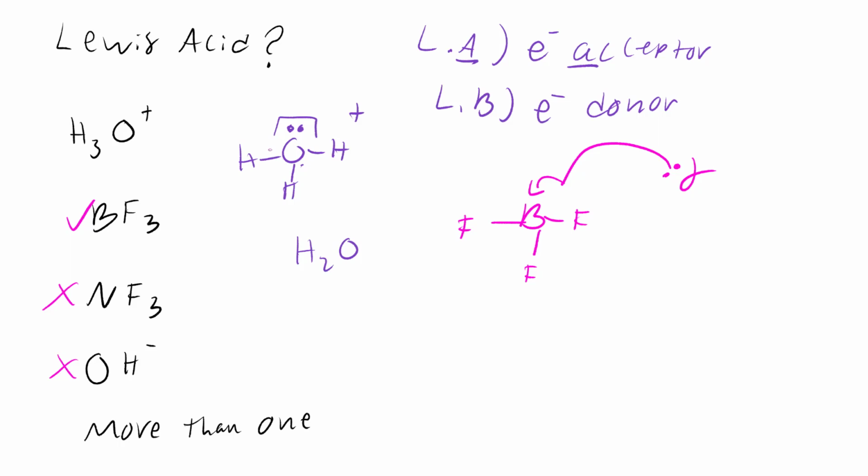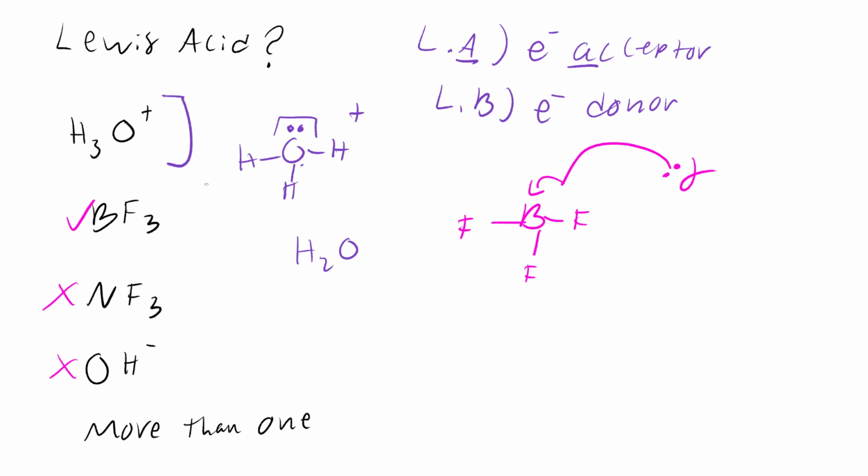But a Lewis acid is not always a Bronsted-Lowry acid, okay? How can we find an example? Well, this is a Lewis acid. We just confirmed it. But Bronsted-Lowry acids have hydrogen, right? Does this molecule have hydrogen? No, it doesn't. So it cannot be acting as a Bronsted-Lowry acid. Okay? However, this has a hydrogen right here, and it can give away that hydrogen, right?